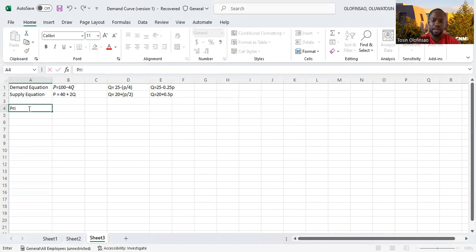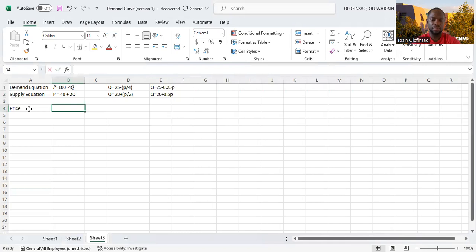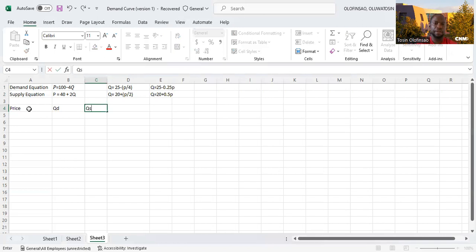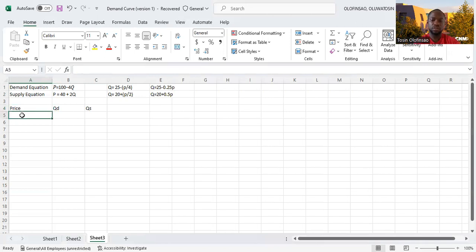We have the price and we have the quantity, let's say quantity demanded and the quantity supplied, right? I'll put price. Okay, so let's assume the price ranges from 0 to 100.